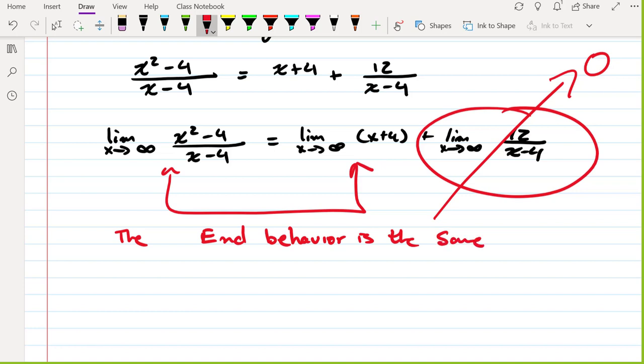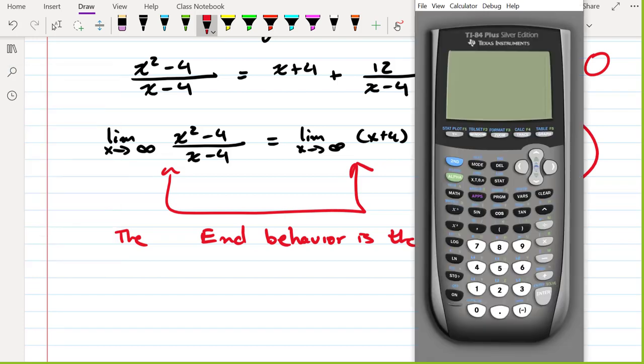And what that really means is that as long as this remainder piece is small, so as long as x is getting really, really big, and in fact, as long as it's not close to 4, the graph of this function is actually going to look a lot like the graph of this function. So let's go ahead and graph each of those and see what happens.